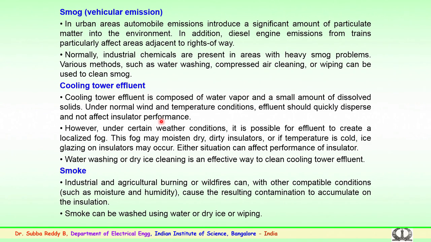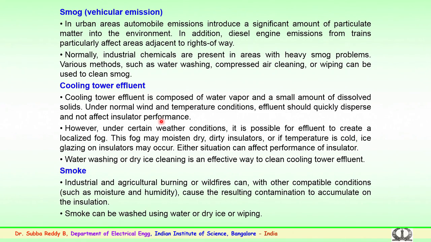Cooling tower effluent. Cooling tower effluent is generally composed of water vapor and a small amount of dissolved solids. Under normal wind and temperature conditions, effluents should quickly disperse and not affect the insulator performance. However, under certain weather conditions, it is possible for effluent to create a localized fog.